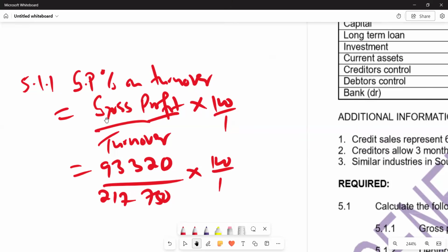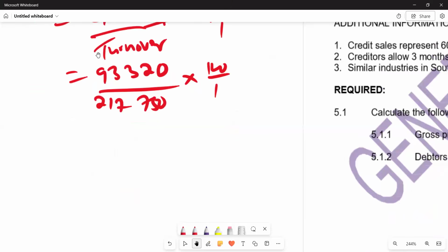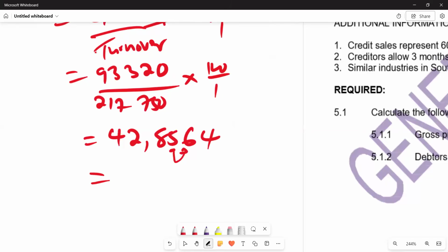Calculated as such, the answer that we get is 42.8564. Then we round it off to the nearest two decimal places, looking at the figure behind the 5, which is 6, which changes our 5 to become 6. So we have 42.86. Remember, it's a percentage. So 42.86% is our gross profit percentage on turnover.